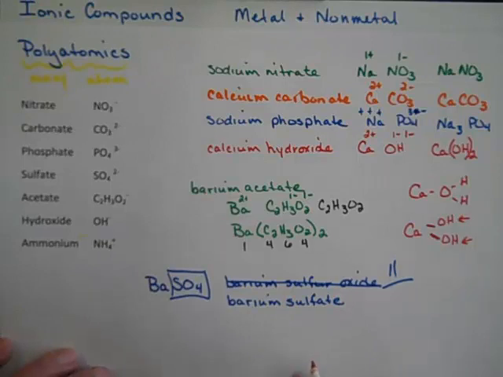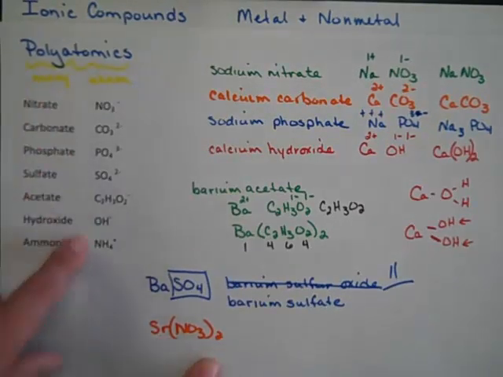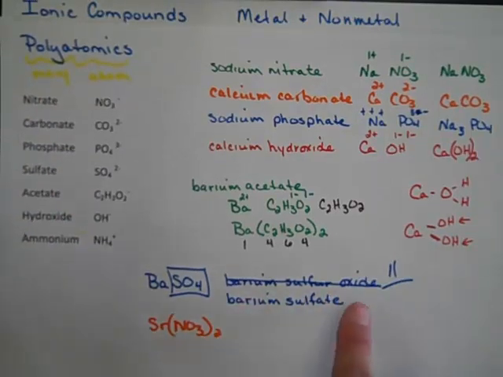So for example, if we have, let's just say we have this. Here's another clue. If there's something in parentheses, it's a polyatomic. All right, so there's a couple clues there. If you have more than 2 elements listed, it's got to be a polyatomic. If you have something in your parentheses, it has to be a polyatomic.